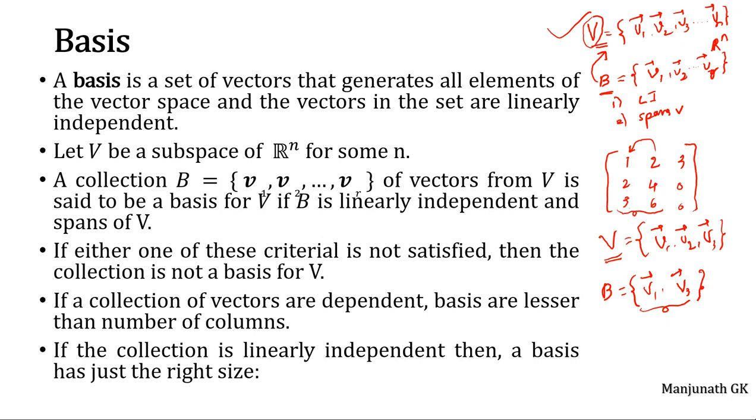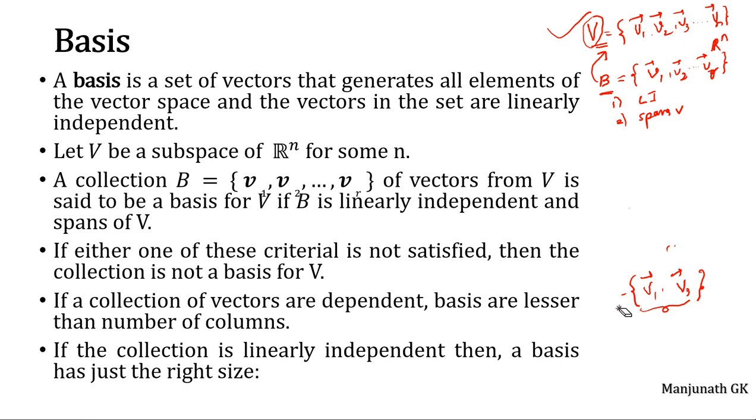Consider one more example. 1 0 0 is the first vector, 0 1 0 is the second vector, and 0 0 1 is the third vector. Then find the basis for this set.